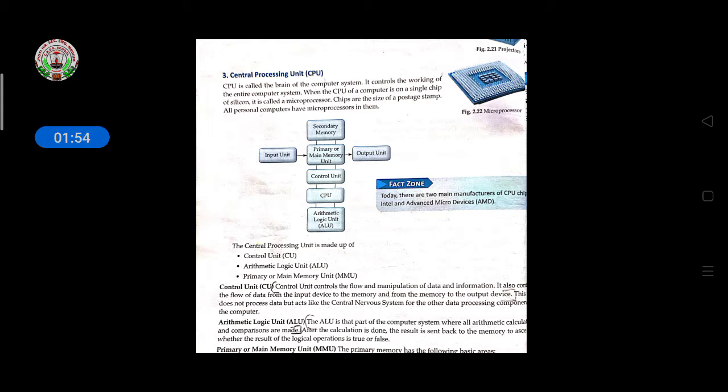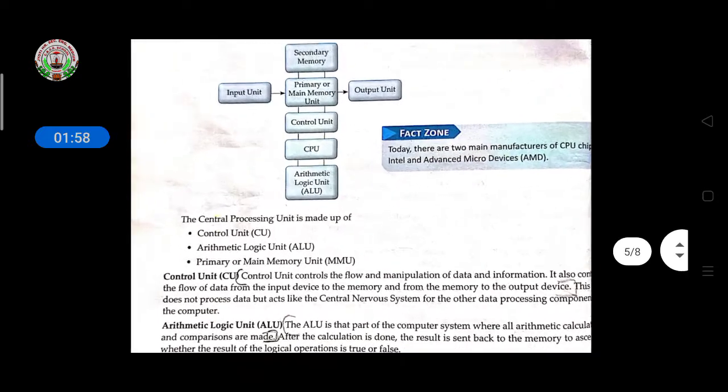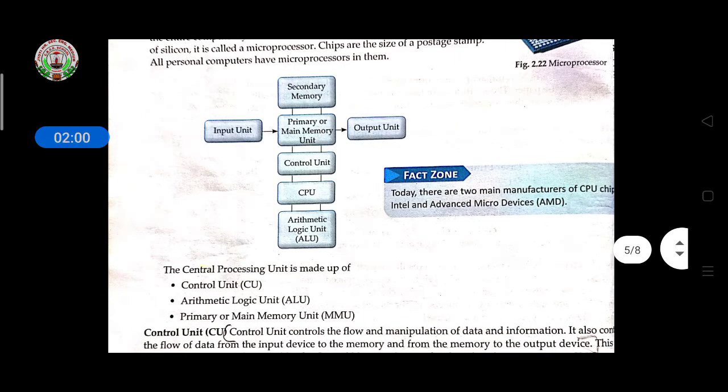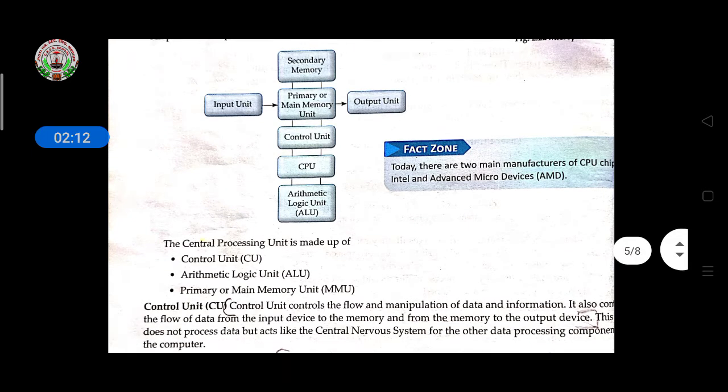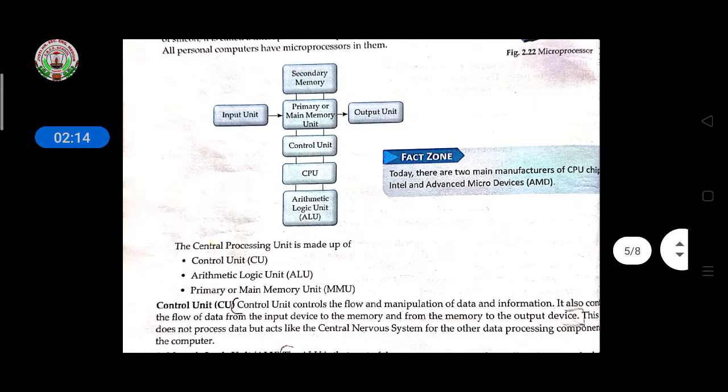Now see the diagram given here: secondary memory, input device, then primary or main memory, output device, then control unit, CPU and arithmetic logic unit. So let's discuss the details of all this.